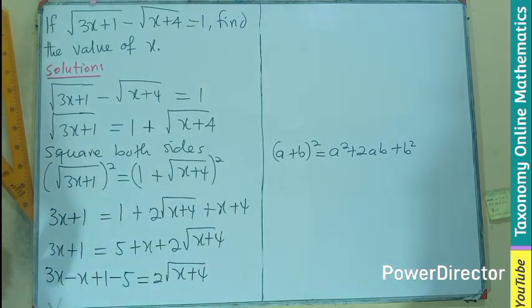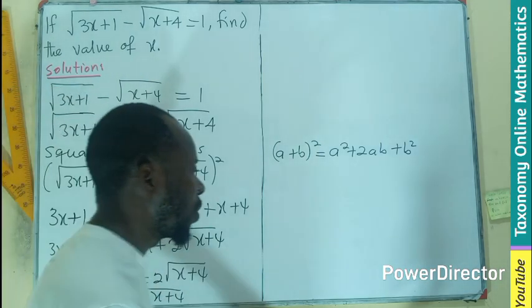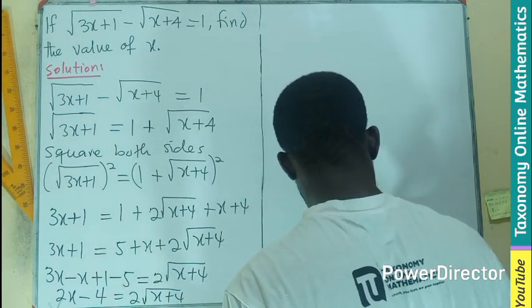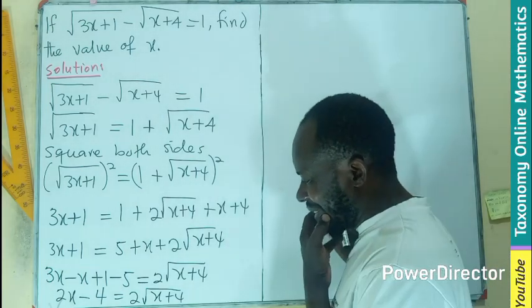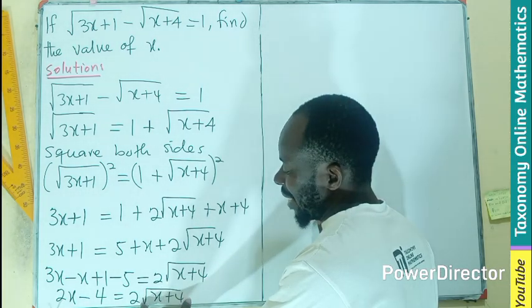By computation, if you have 3x and you take away x, you should be left with 2x. If you have 1 minus 5, you need extra 4 numbers before you can subtract 5 from 1. So we have negative 4 equals 2 the root of x plus 4. It has a square root, so we need to cancel that square root also. I can see that there is a product of two numbers, the 2 and the radical function here.